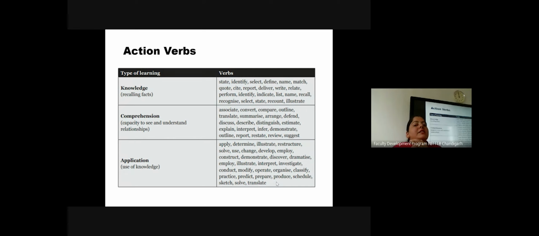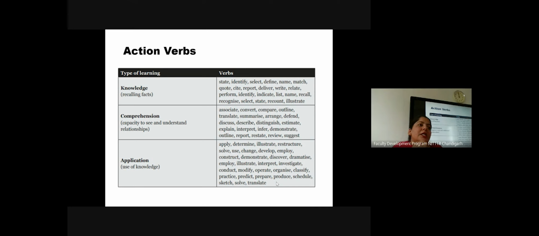These are state, identify, select, define, name, match, cite, indicate, list, recall, recognize, select, recount, or illustrate. These can be the different action verbs that we can use at the level of remembering. So next time when we are writing a learning outcome, we can select any action verb out of this table.